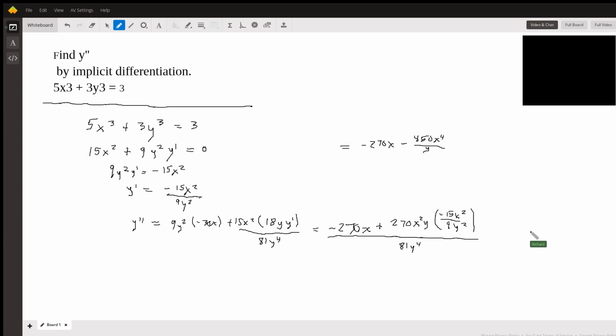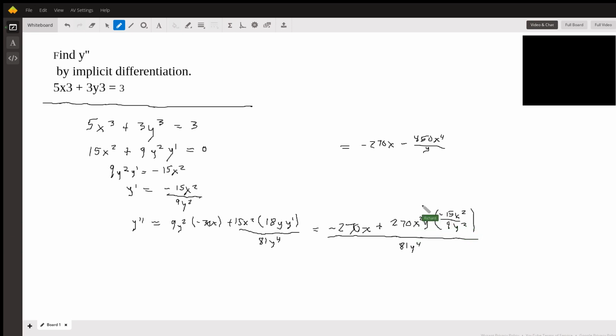If I did that math correct, this is just arithmetic: 270 divided by 9 is 30, and 30 times 15 is 450. Okay, and then you can see this y cancels out one of those y's down here.